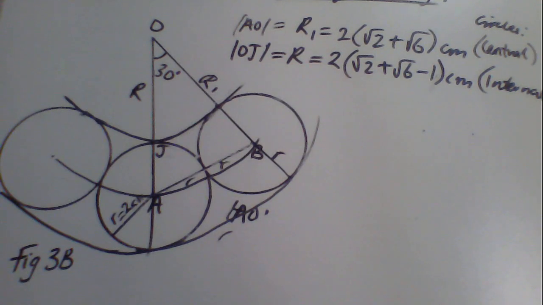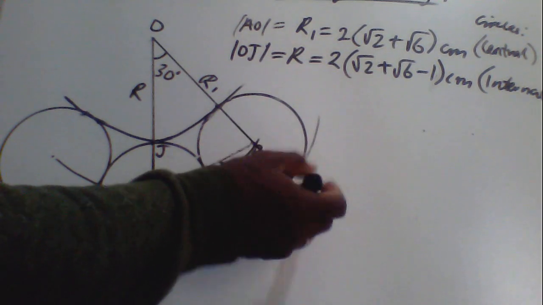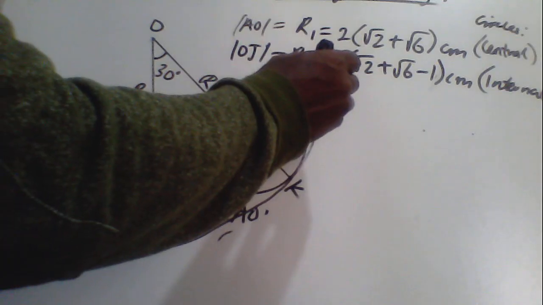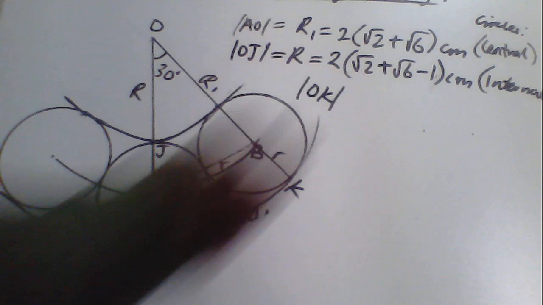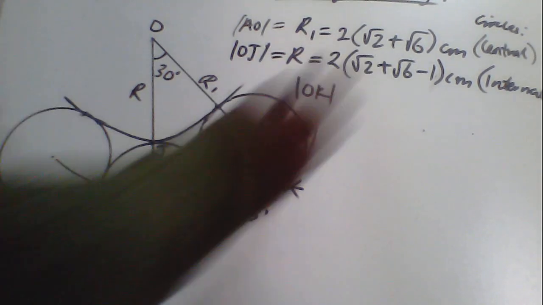So from here, we can call this point of contact K, so that we now have OK, which is the radius of the external circle.